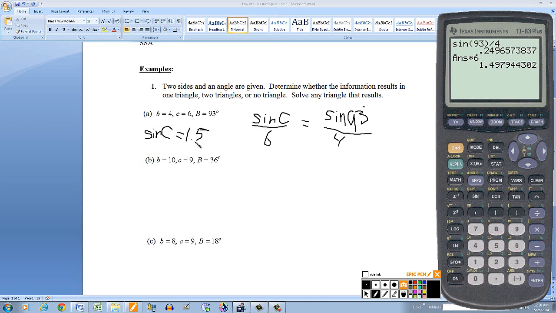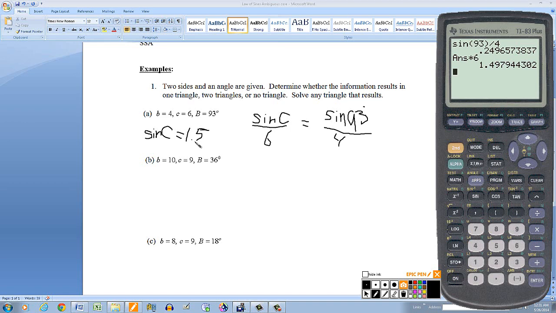You never get a number larger than 1. You never get a number less than -1. Obviously 1.5 is greater than 1. So this situation is impossible. So what does that tell you? There's no triangle possible.